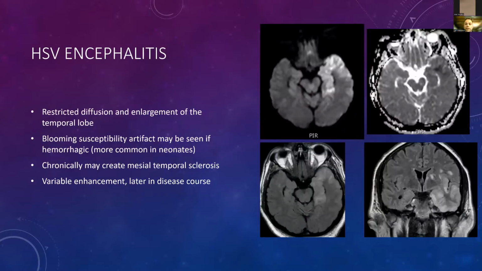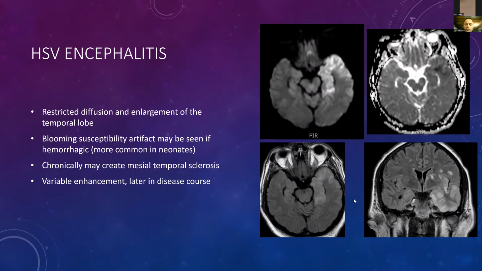HSV encephalitis, the first one here. The telltale predilection of this disorder is for the anterior temporal lobes. What you see here is restricted diffusion, where we have our DWI with the T2 bright signal in the left anterior temporal lobe, matched by the hyperintensity on ADC.